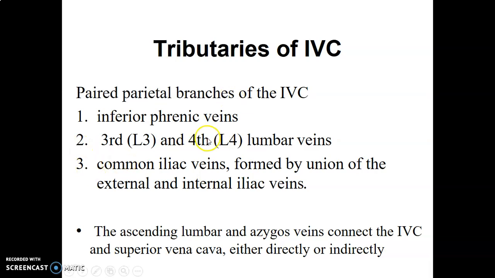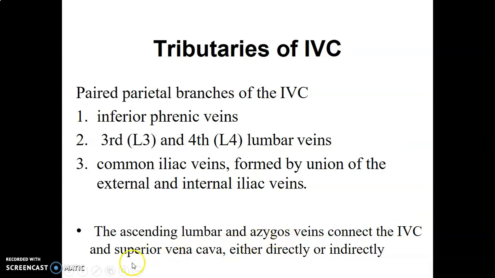The ascending lumbar and azygous veins connect the inferior vena cava to the superior vena cava. So there's a communication between the superior vena cava and inferior vena cava through the ascending lumbar and the azygous vein. Go back to the lecture on posterior mediastinum and look at how the azygous vein forms.